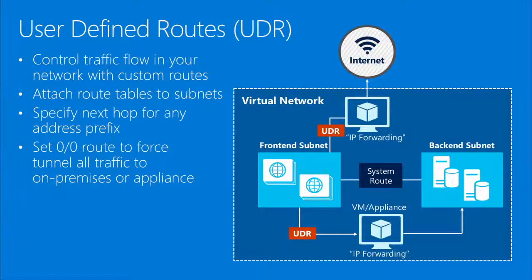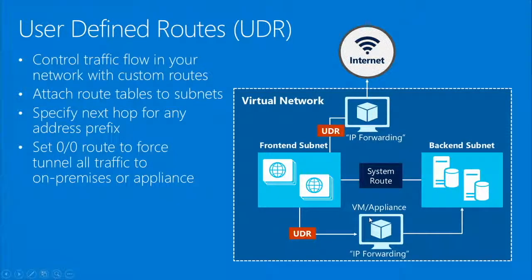As I show here, you can bring in another virtual machine and make it behave like an appliance. You set a flag called IP forwarding enabled on this virtual machine, and then you define a route table that says anytime you talk from the front-end subnet to the back-end subnet, the packet goes through this virtual machine.